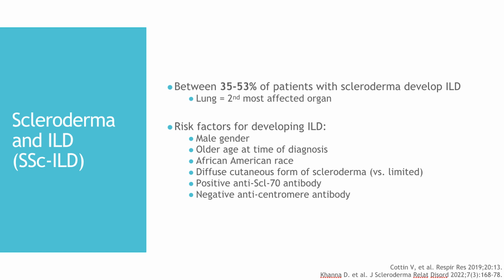Many of you are probably familiar with the battery of labs that get sent off when your rheumatologist is looking to make a diagnosis of scleroderma. Some of those labs include autoantibodies, and if you end up with a positive SCL70 antibody or a negative anti-centromere antibody, those two things will increase your risk of developing interstitial lung disease.